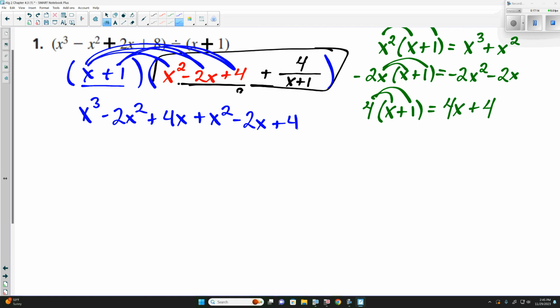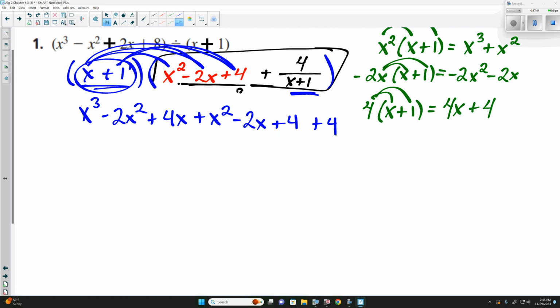Yes? Now, the reason I didn't multiply with the x 4 over x plus 1 is because I'm multiplying the whole thing by what? X plus 1, yes? And if we do that with this fraction here, well, that in the denominator would cancel because we're multiplying both terms by it.